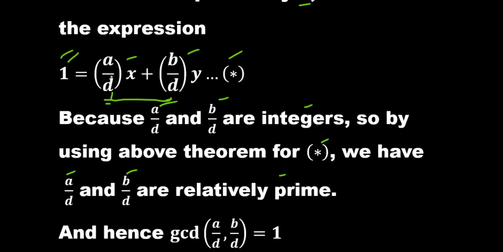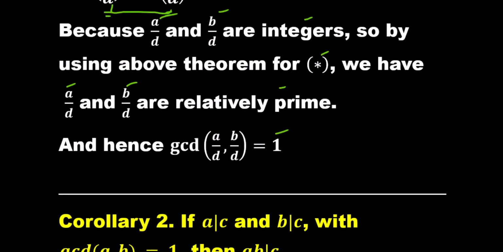This shows that these two integers are relatively prime. Hence, if these are relatively prime, then their GCD is equal to 1, which was required to prove.